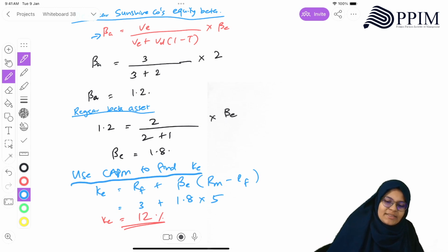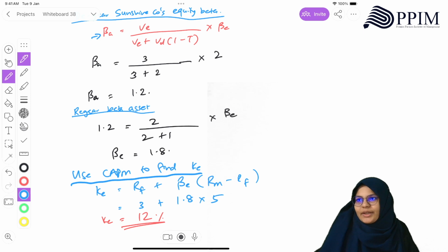So always you have these 3 steps. Okay, de-gearing, re-gearing, and then using the capital asset pricing model.